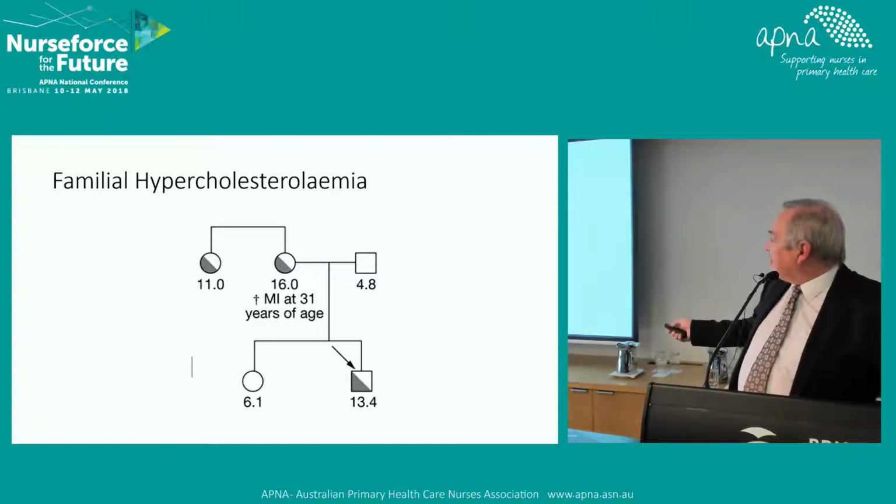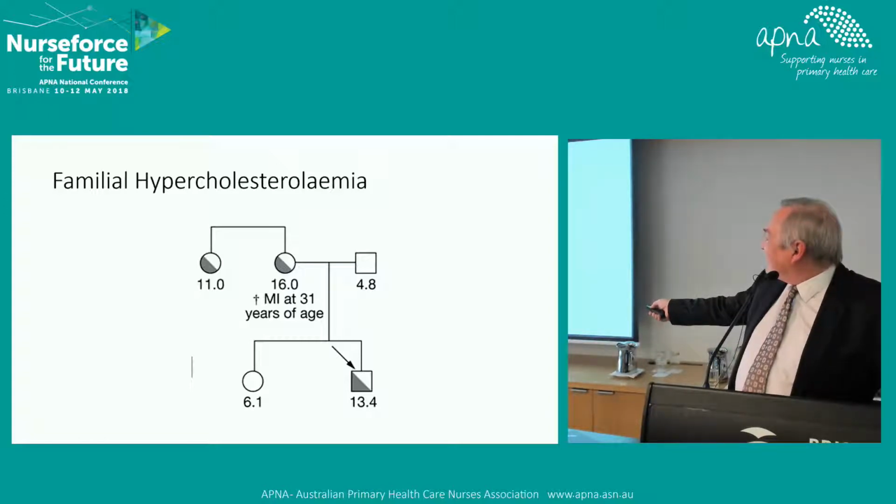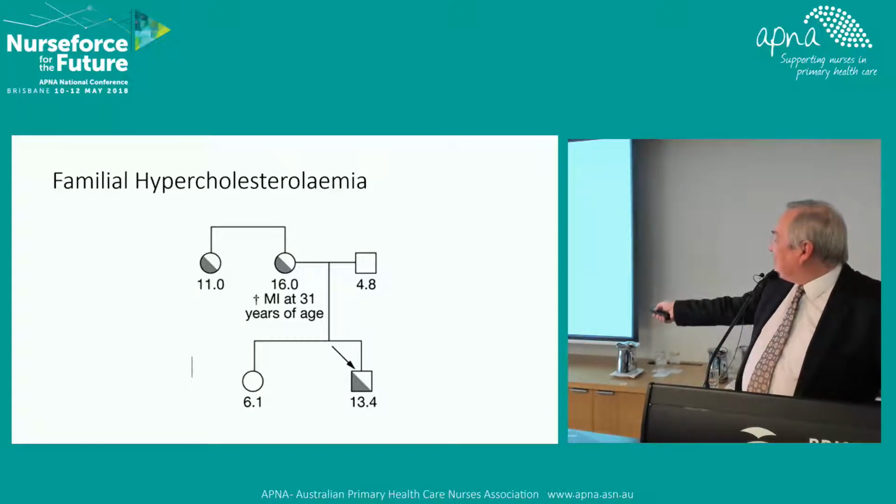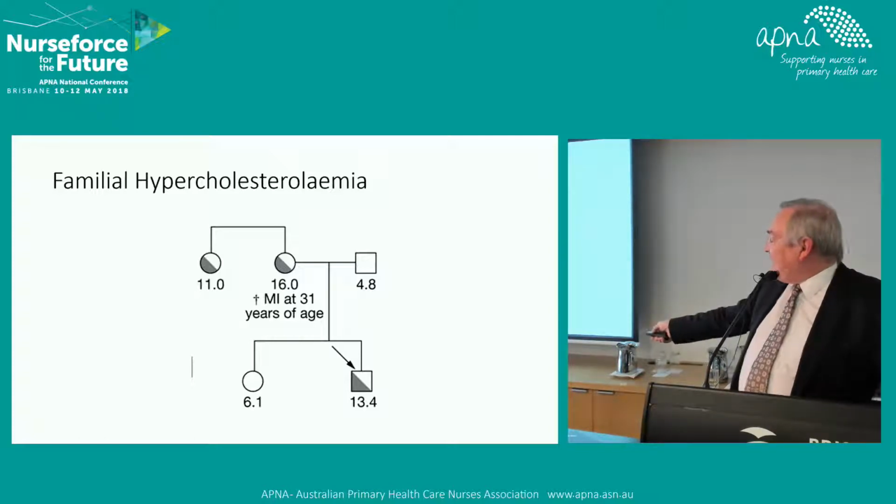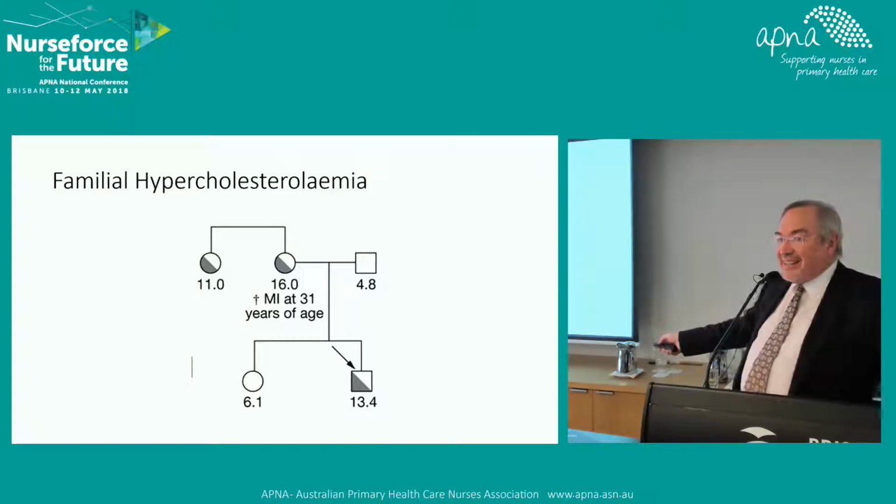The father, so the ladies are the round circles, the men are the squares. The guy here has a normal cholesterol, but you can see the mother's defective gene could have passed to either of these children or both of these children or none of these children.